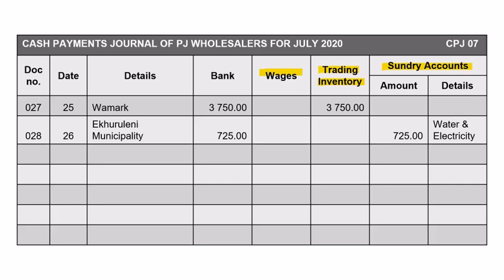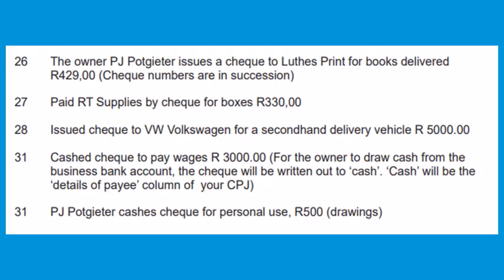Then you will notice on page 63, the rest of the transactions are written out. Okay, like we did with the CRJ as well. This is usually how we give you transactions in their written form. So the next transaction was also on the 26th. Remember, these numbers are always the dates.